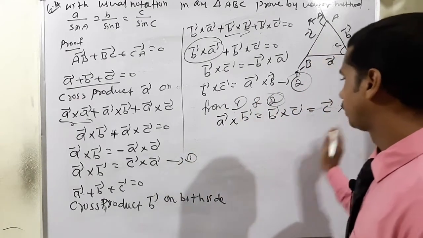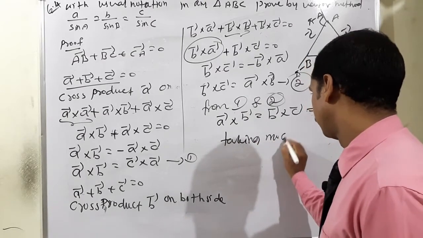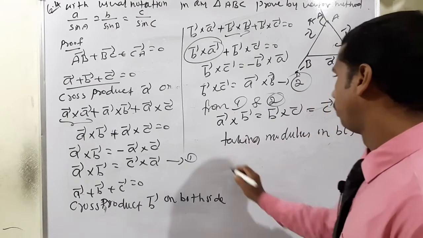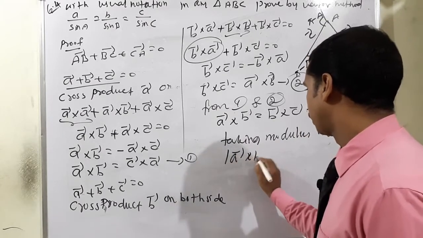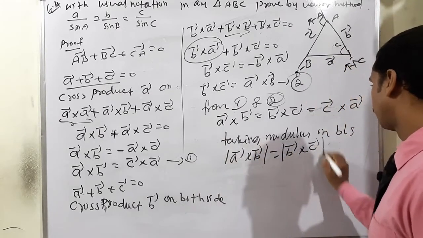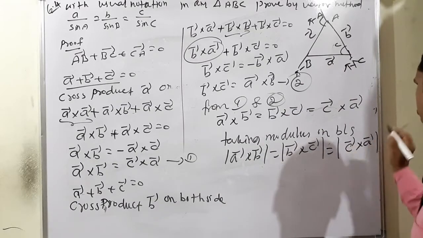Then taking modulus on both sides, what will happen? Modulus of a vector cross b vector is equal to modulus of b vector cross c vector is equal to modulus of c vector cross a vector.